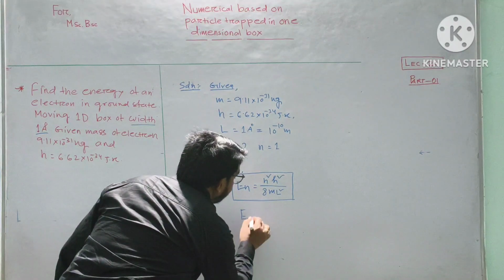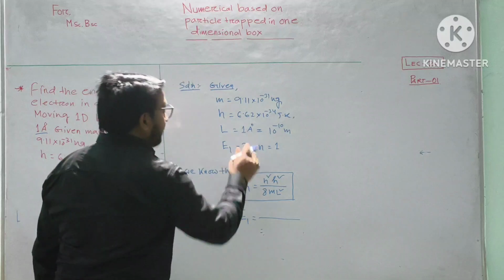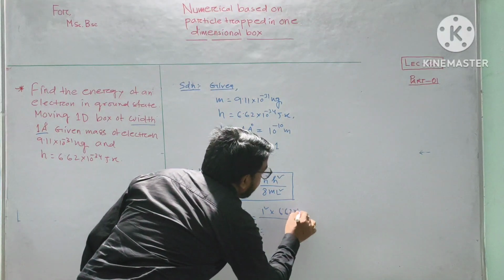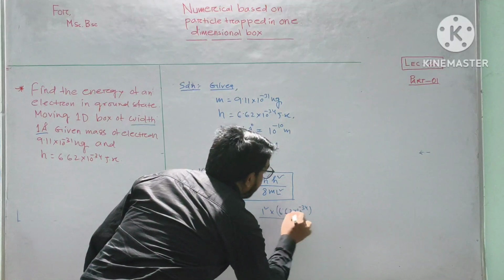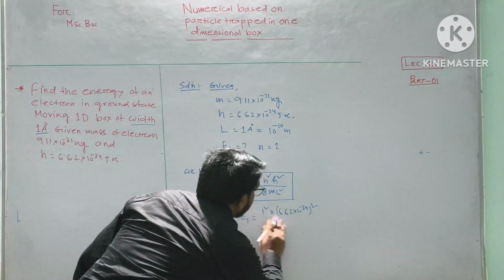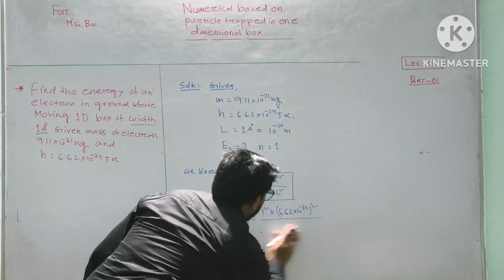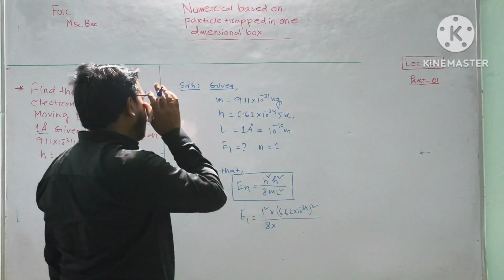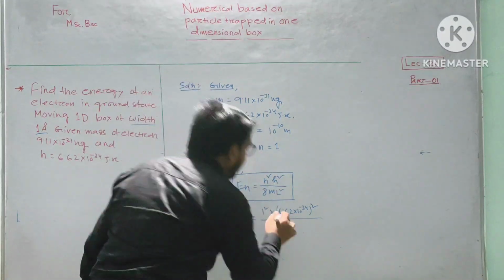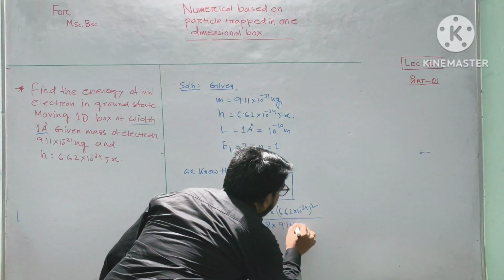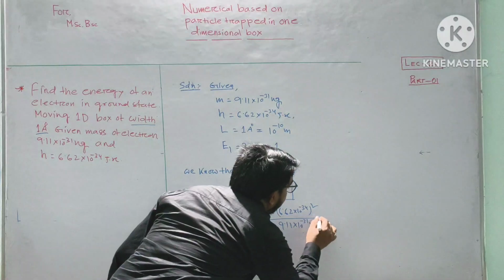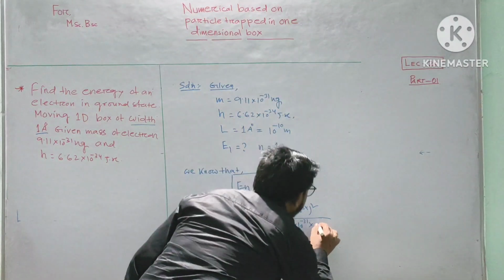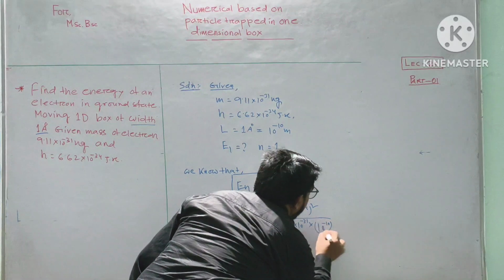So E1, with n equals 1, equals 1 squared into h squared, (6.62 into 10 to the power minus 34) whole squared, divided by 8 into the mass of electron, 9.11 into 10 to the power minus 31, into L squared, where L equals 10 to the power minus 10, so (10 to the power minus 10) whole squared.